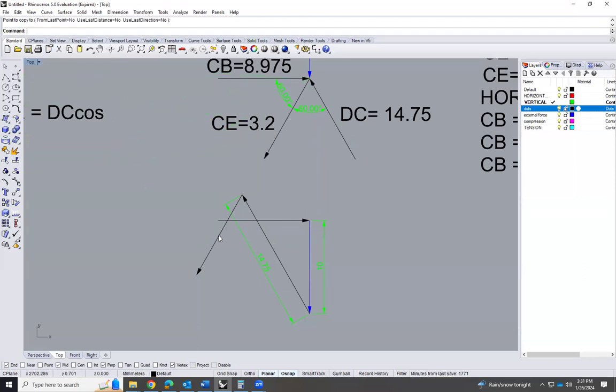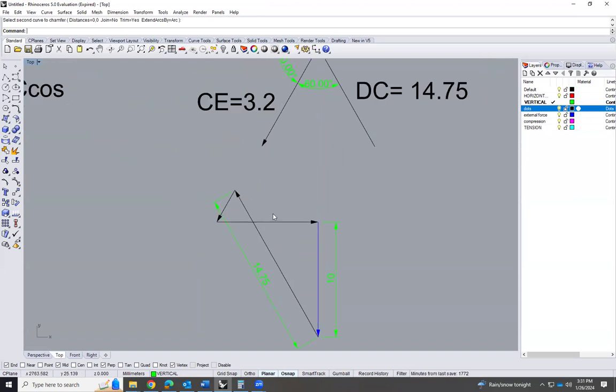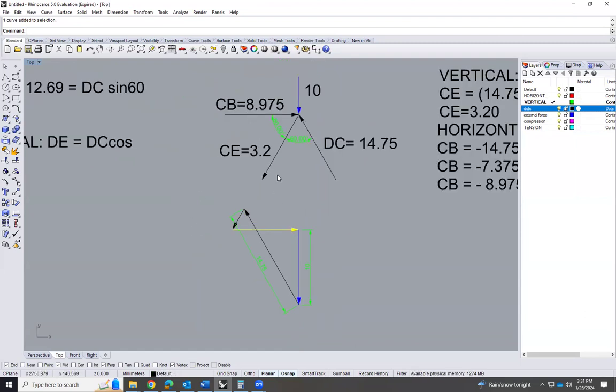Now we have to trim because we go down, then we go like this. This is CE, and then there's an intersection here, and we have to go that way. So we have to chamfer this one and that one. If we take the measurements of this force and this force, this should be 3.2, and this should be 8.9.